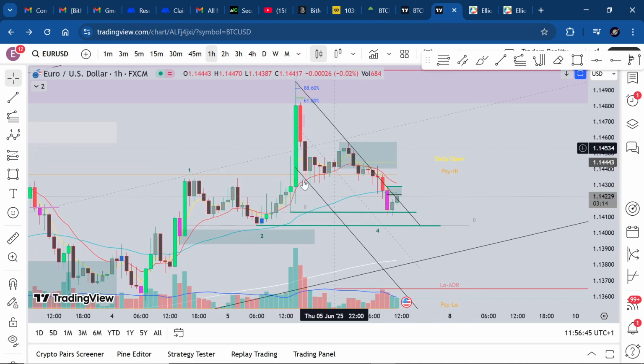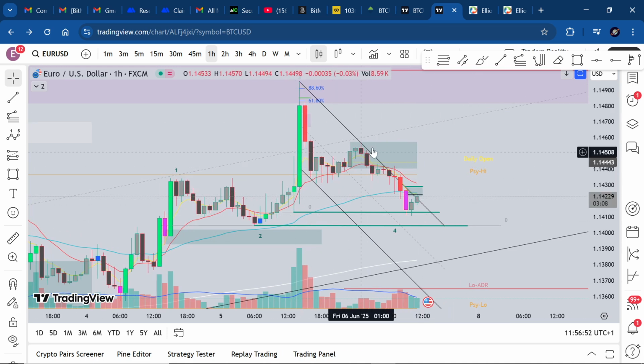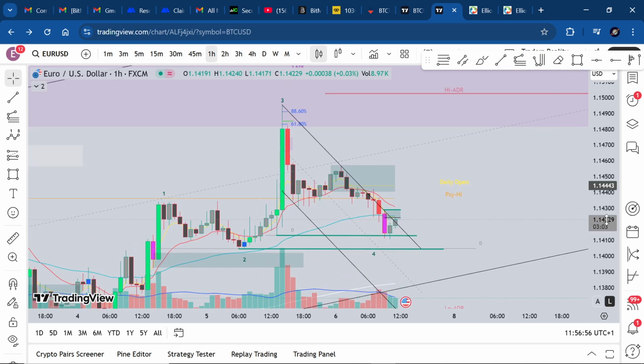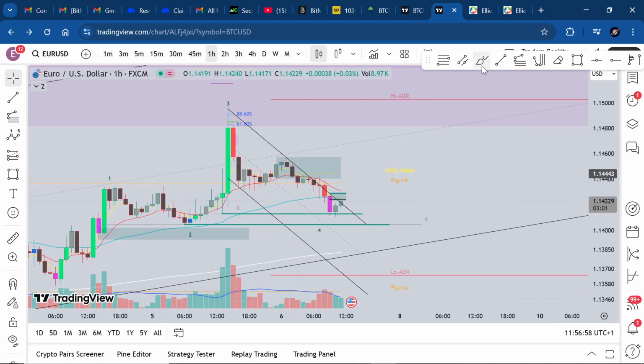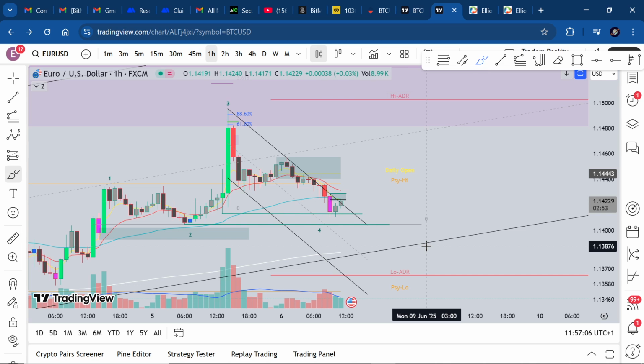You can see we have this channel here, and this channel is being broken to the upside, indicating that this zigzag is over. So there's only two things that can happen here after this zigzag. Either we get an X wave, something like this, and drop down again, and this becomes a WXY. Or indeed the correction is over.